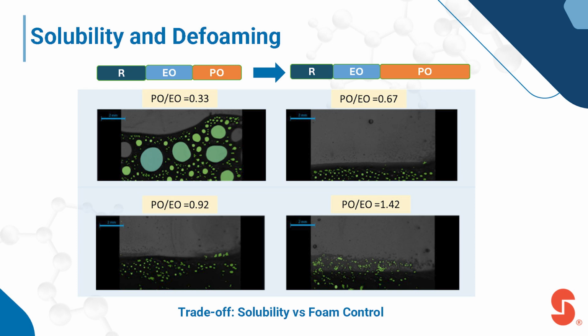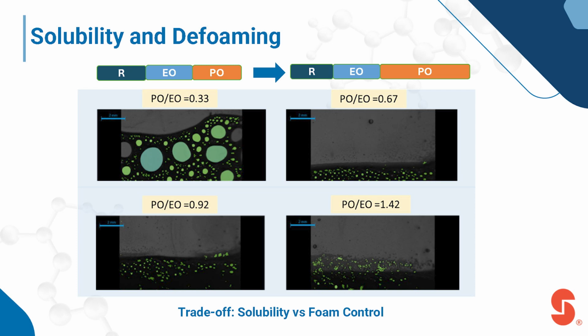This photo shows the foam structure when we change the ratio of PO and EO. And with more PO, yes, you have more foam suppression, but with too much PO, can you see that kind of spot on the surfaces? That was a residue from your surfactant. That is insoluble residue, meaning you are just wasting your surfactant because it has poor solubility.